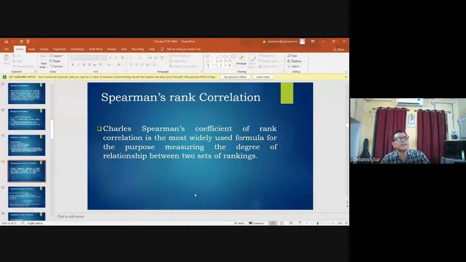Ability to play cricket, ability to teach physics: these are also qualitative. If data are qualitative in nature, and we have two variables and want to determine the degree of relationship between them, then it is better to apply the Spearman rank correlation coefficient instead of Pearson's.